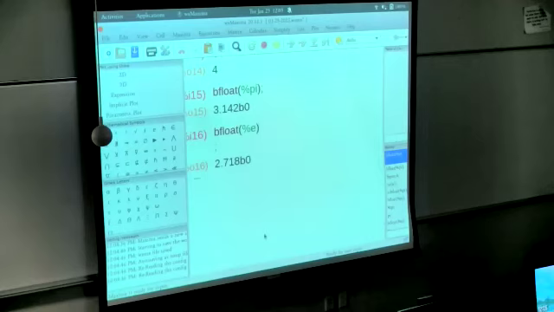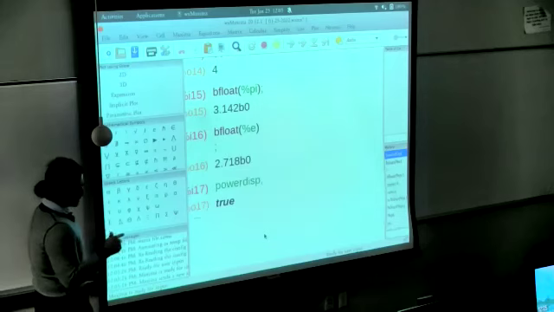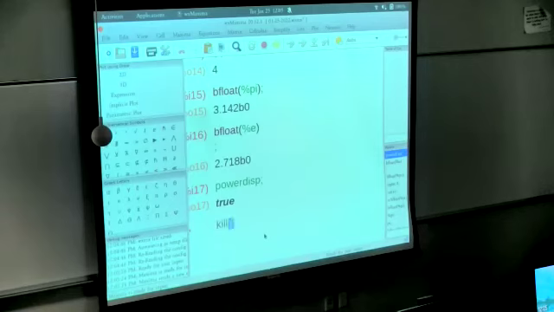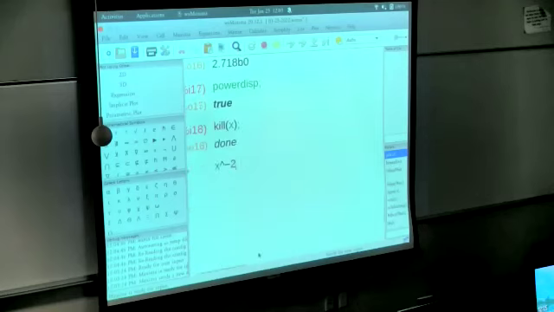Let's see. There is another flag, which is powerdisp. And as of now, it says true. Let's type x raised to -2. Did we define x? I don't think so. Kill it. x raised to -2 is represented as 1 over x squared.